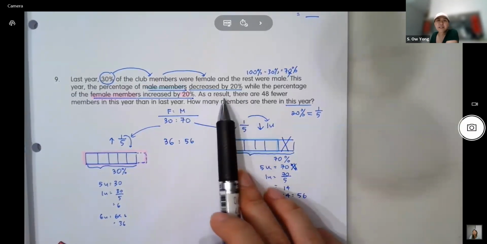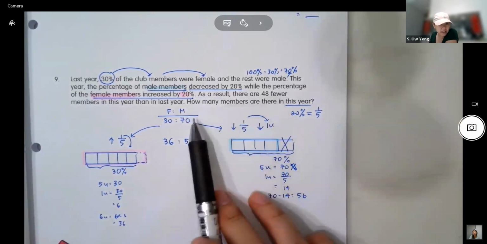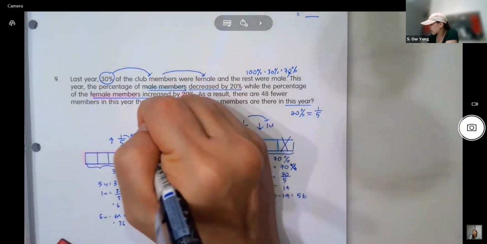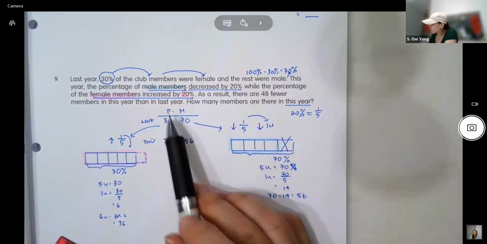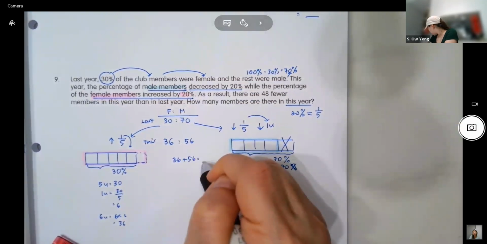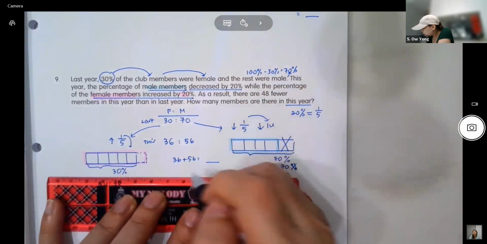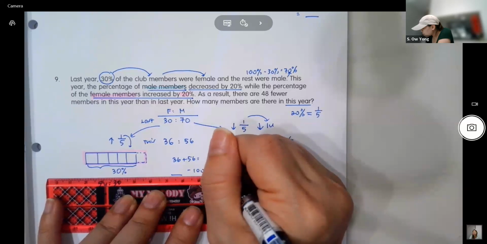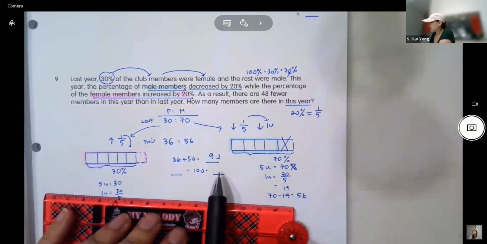Then they say, as a result, there are 48 fewer members this year than last year. So this is last year. This is this year. So never mind, you can add. You add 36 and 56 to give you a number. Then you minus away 100. Actually no need.